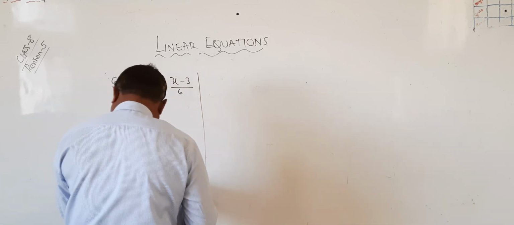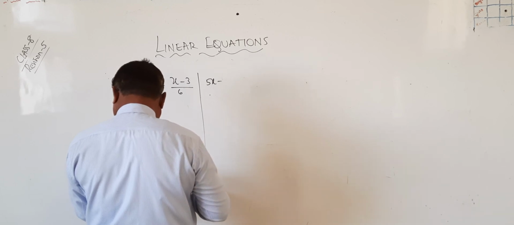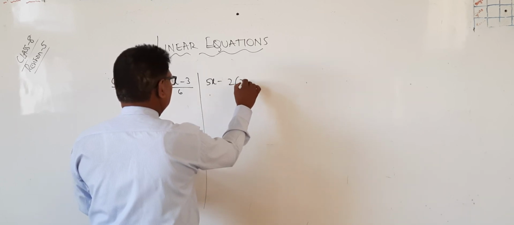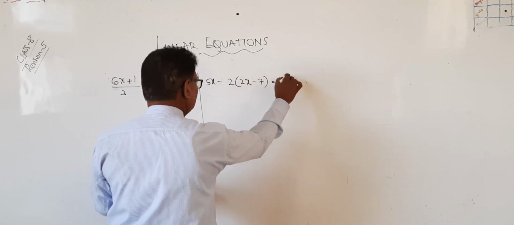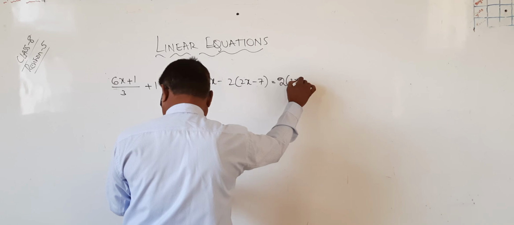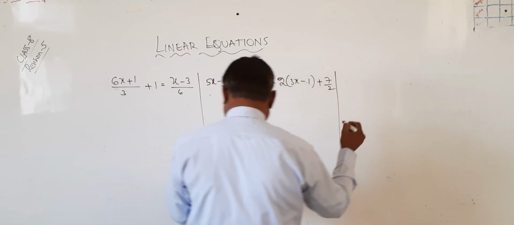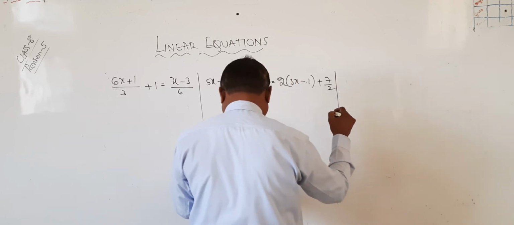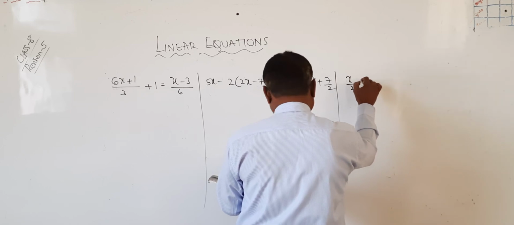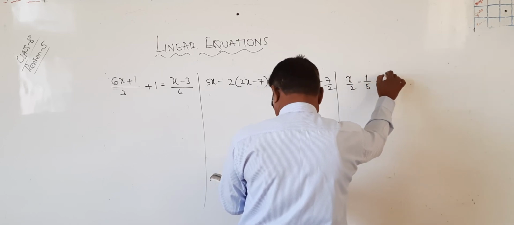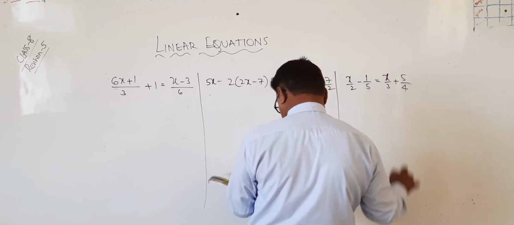This is the third type. 5x minus 2 into 2x minus 7 is equal to 2 into 3x minus 1 plus 7 by 2. Third one, x by 2 minus 1 by 5 is equal to x by 3 plus 5 by 4.